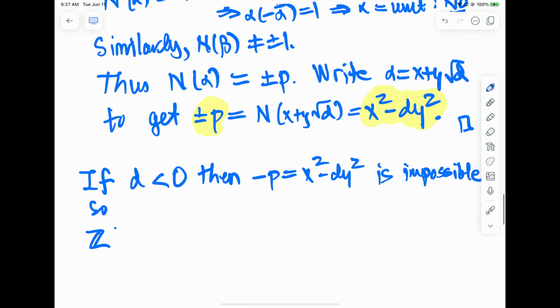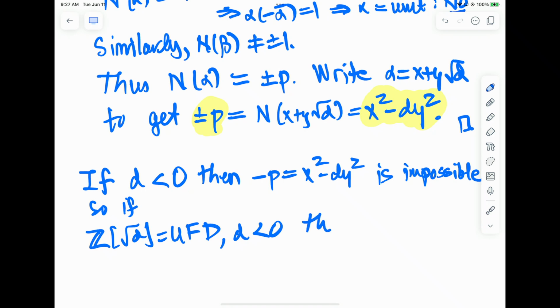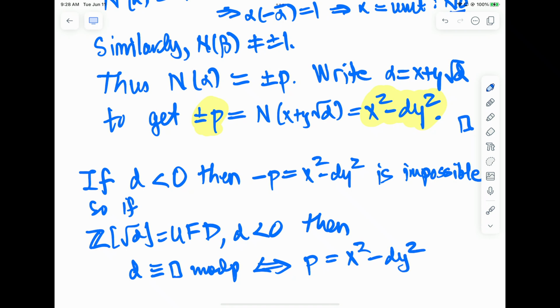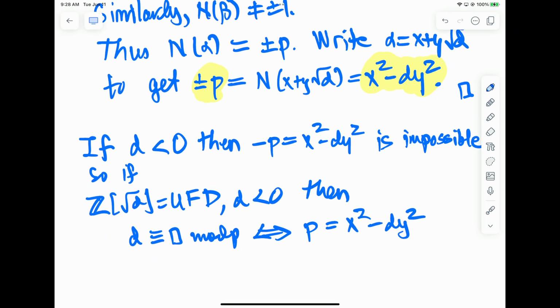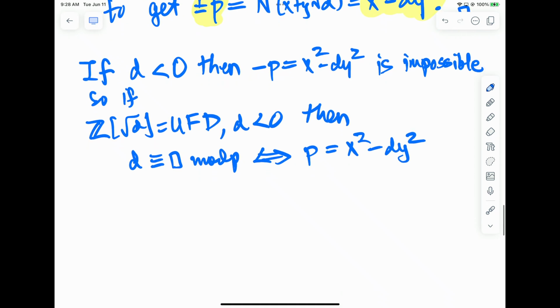So we could say if z adjoined root d is a unique factorization domain and d is negative, then we get an equivalence without worrying about the minus sign option ever showing up, right? Like take d equals minus 1. p is a norm if and only if p is x squared plus y squared. You can never have minus p. But when d is positive, it could go both ways, okay?